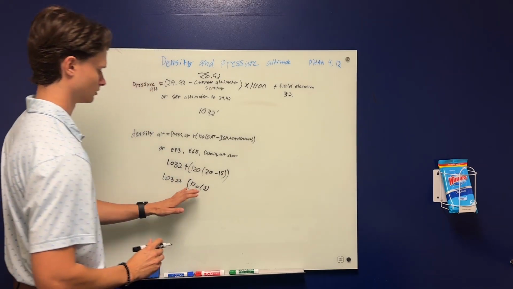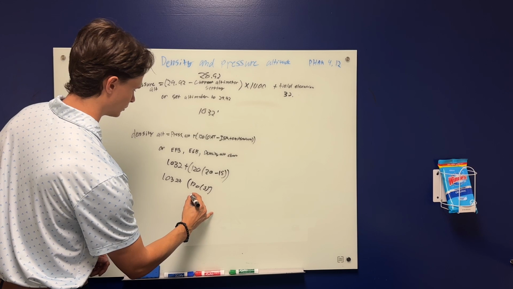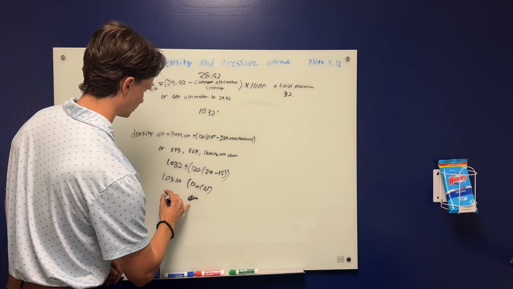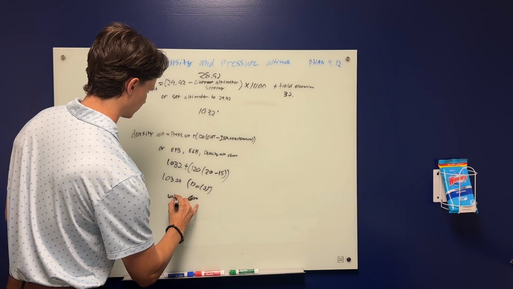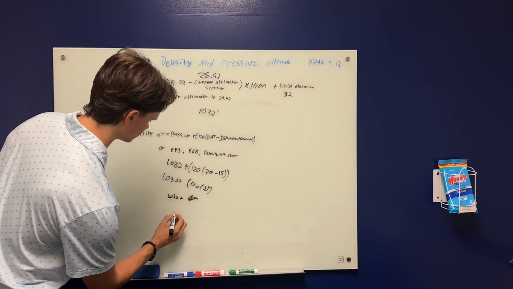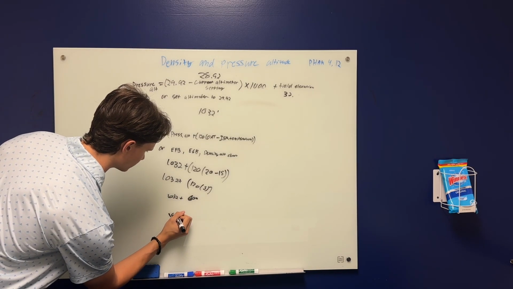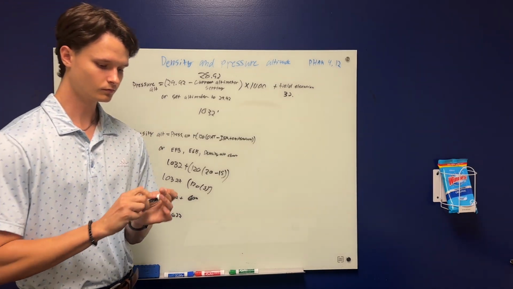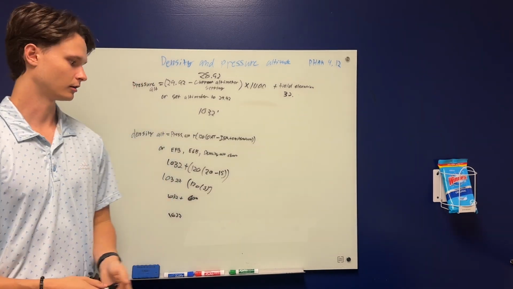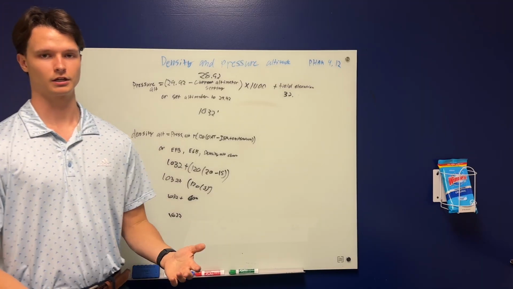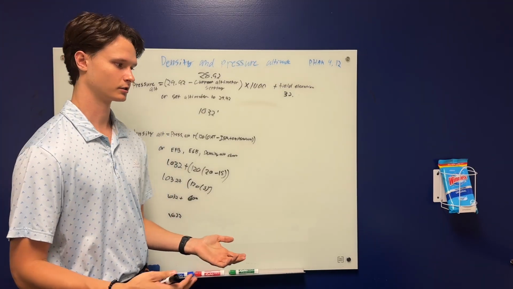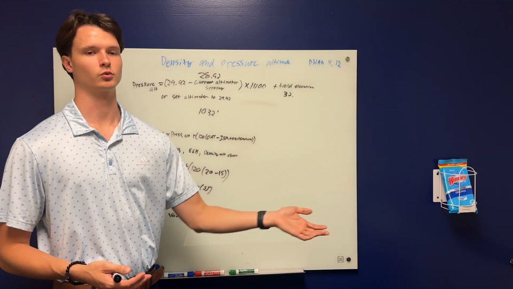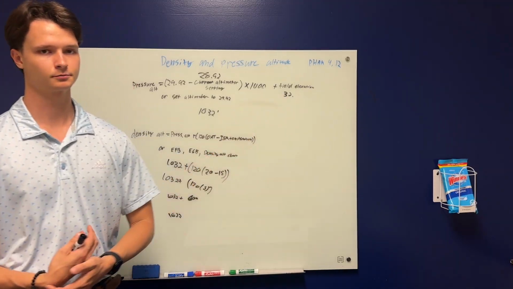Excuse the little bit of crookedness right there, which gets us 600 plus 1032, which gives us a final density altitude of 1,632. So if we were going to fly on this particular day, when we go to take off, our aircraft would feel as though it's taking off at 1,632 feet, even though our airport elevation is only 32 feet.